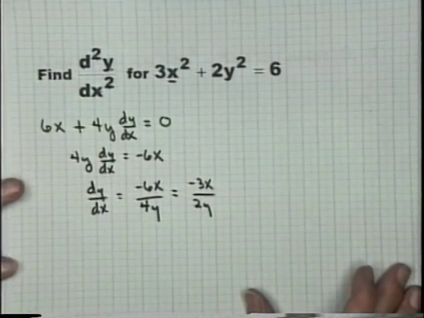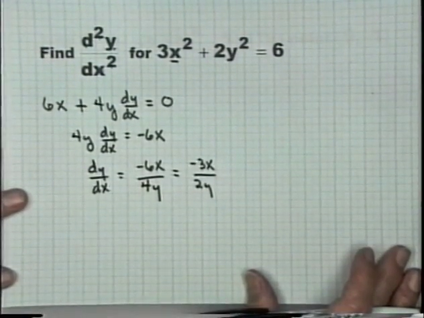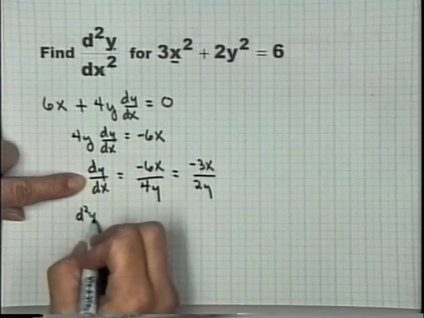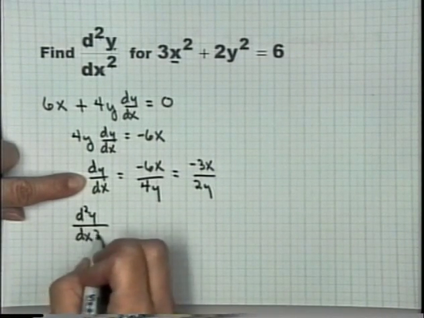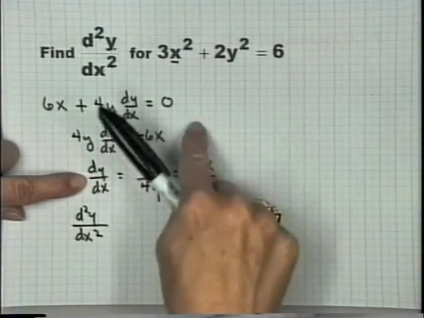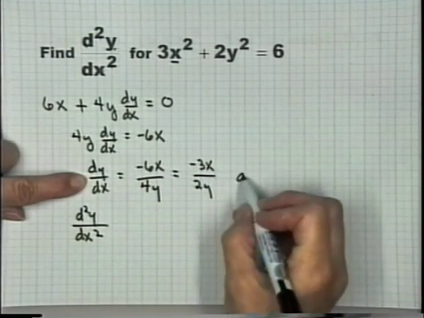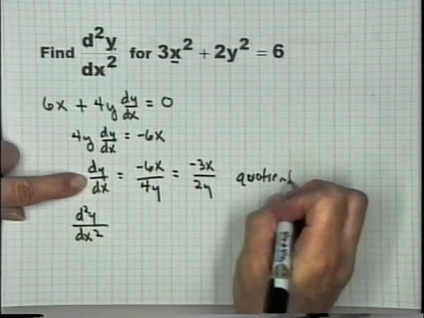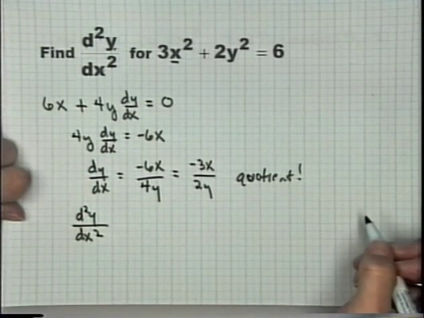Now that we have the first derivative, we're going to get the second derivative. If this is dy dx, then we just take the derivative with respect to x of this solution. Now this is a quotient. So we're going to have to think quotient rule.